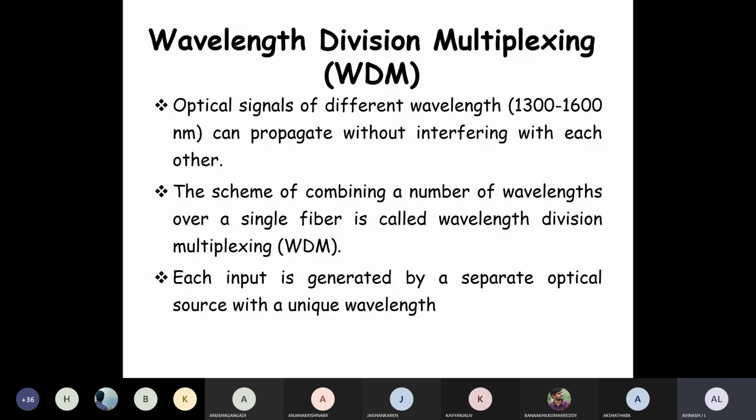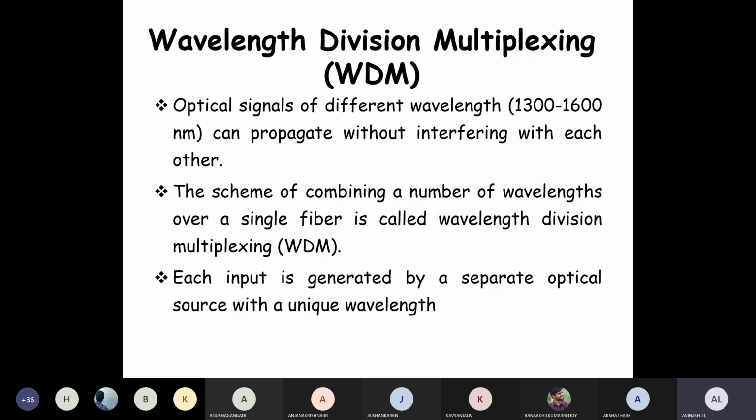How do we achieve this without interference? We achieve it with the multiplexing concept. The scheme of combining a number of wavelengths over a single fiber is called wavelength division multiplexing.